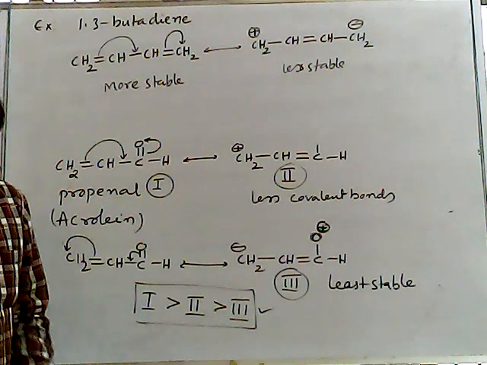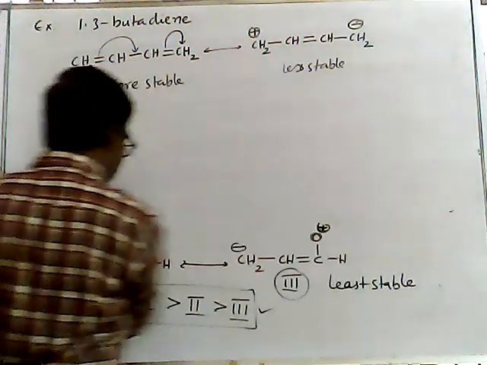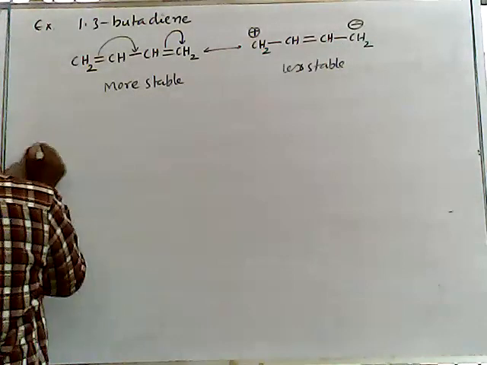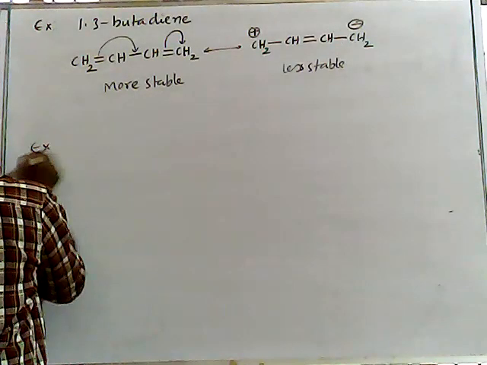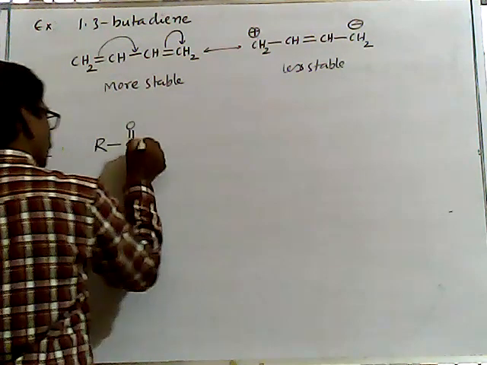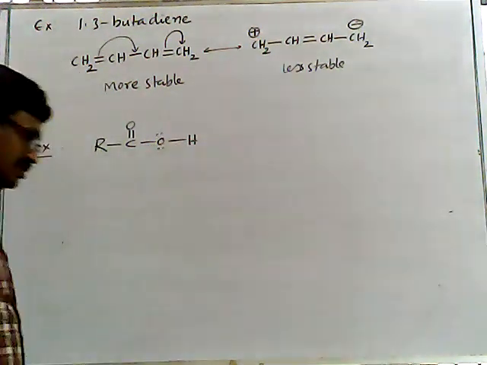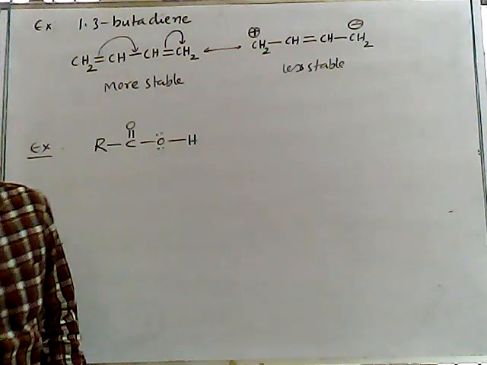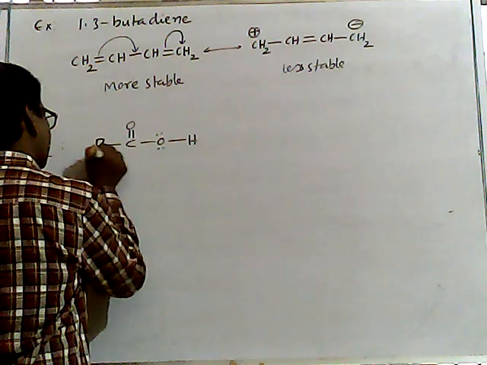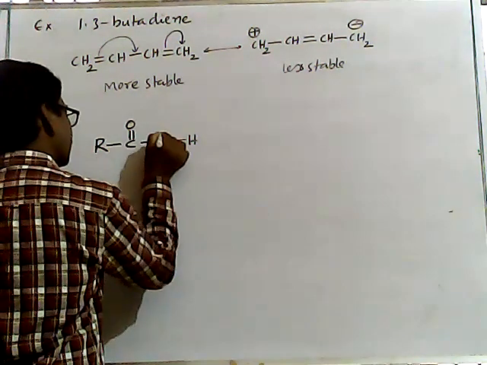Then if you take carboxylic acid, I am taking one more example here: R C double bond OH. R means any alkyl group. Like this you can write. Here there are electron pairs.